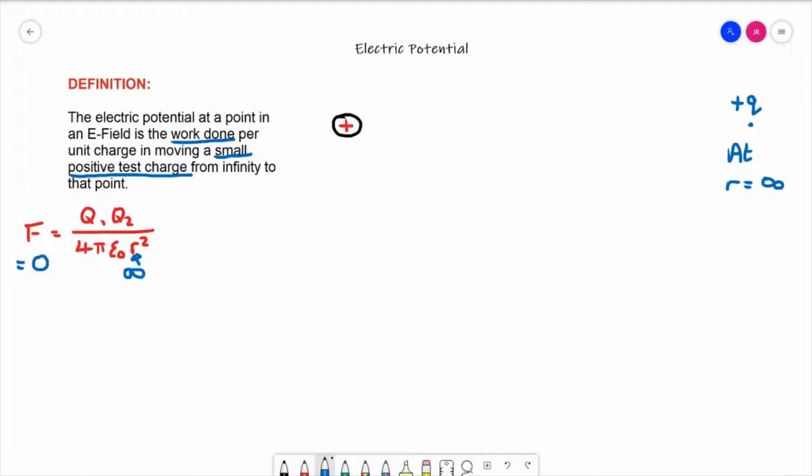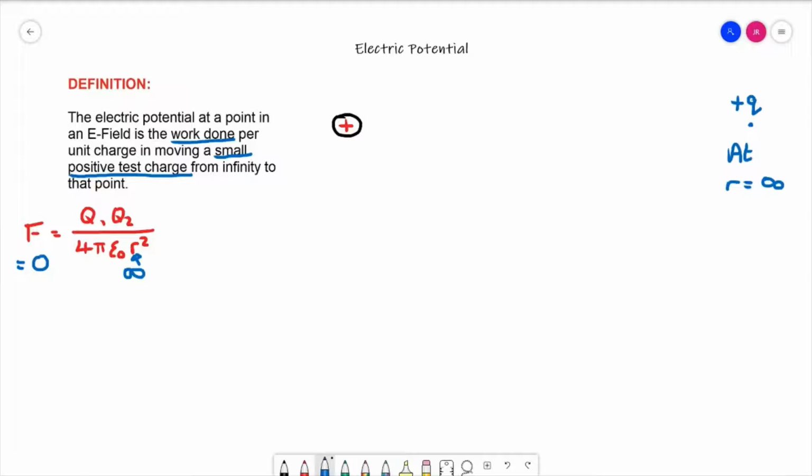And in fact, as long as r has a value less than infinity, F will still have a value above 0. No matter how large r might be and how infinitesimally small F might be, at least mathematically, until we get to infinity, F will still have a value, and it will only ever become 0 when we get to infinity.